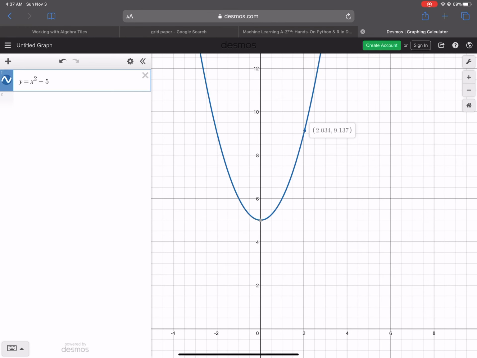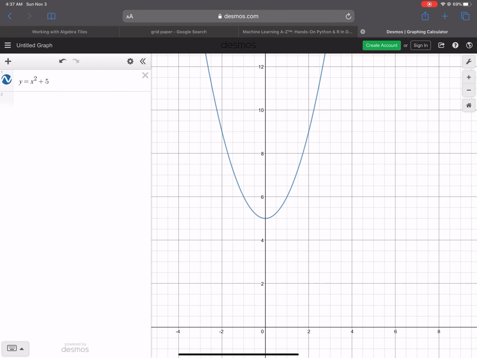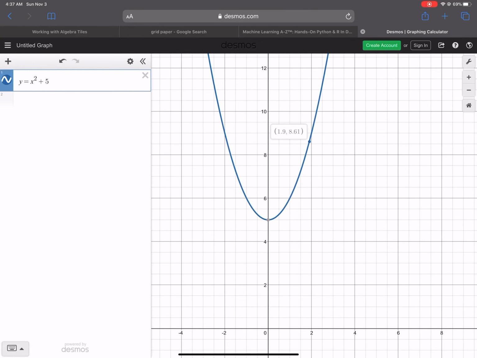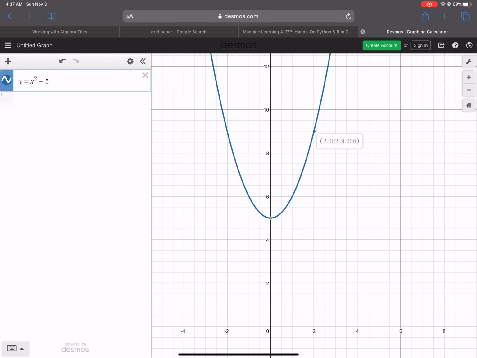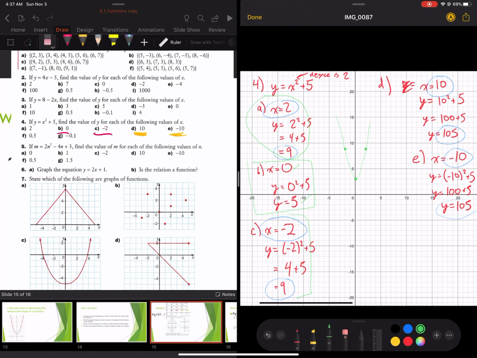That's why. 2 is right down here. I see. At x equals 2, and it doesn't work that well on the iPad, but you can play around with it. At x equals 2, you can see y is 9. Oh, there we go. 2 and 9. All right, so that's it for question 4.